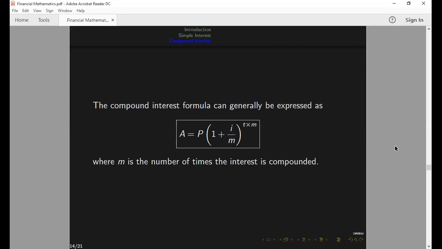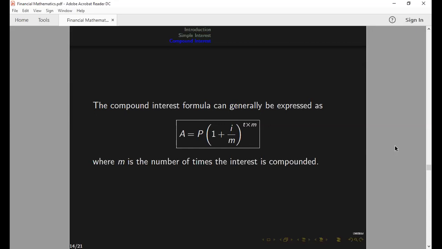So if we add interest every month, that means in a full year we would have added interest 12 times, because from January to December, that's 12 months, and adding interest every month means by the time you're done with the year, you have added interest 12 times in that particular investment. So the number of compoundings, or the number of times interest has been added, is 12.